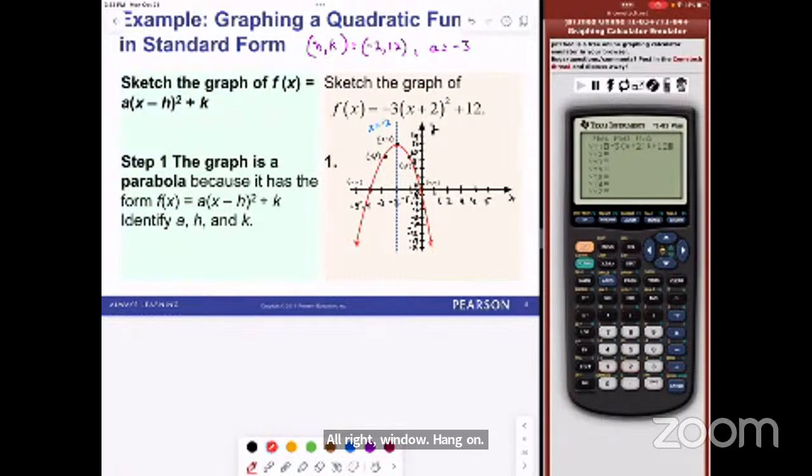So the x minimum, I'm going to go to like negative 6, and I'll go up to maybe 3. I'll go in steps of 1 on the x-axis. The y minimum, I'll go down to like negative 20 and up to about 16. I'll go in steps of 2. And so we should get an image similar to what we drew by hand.